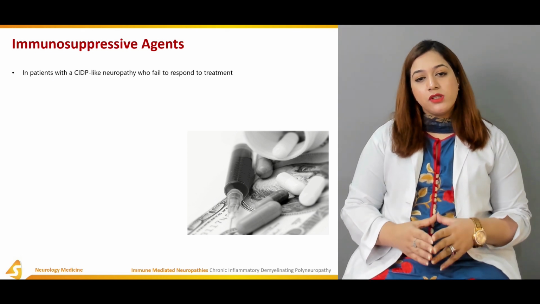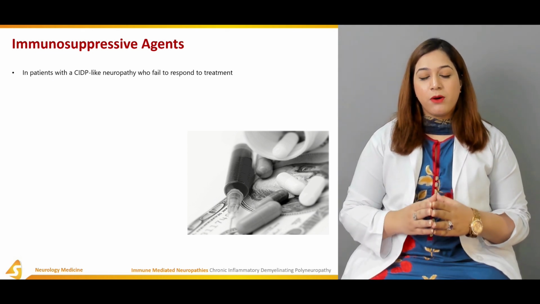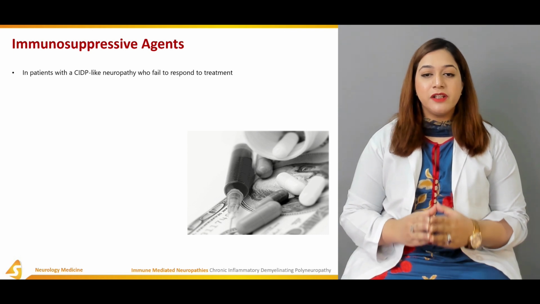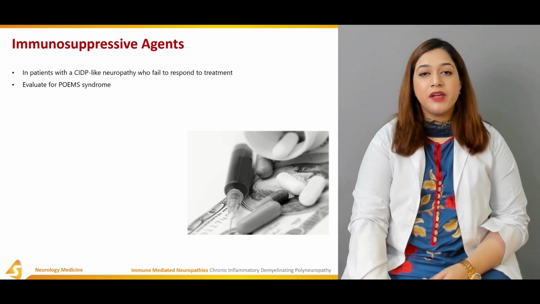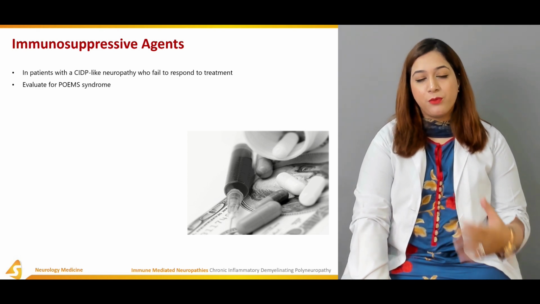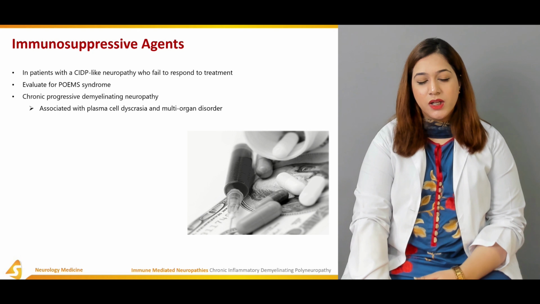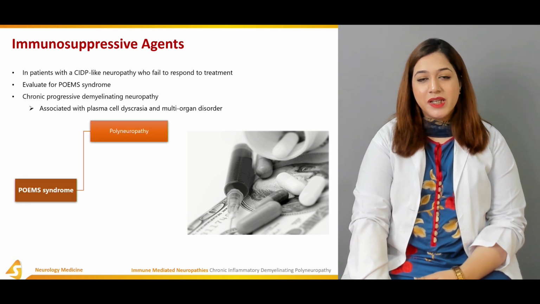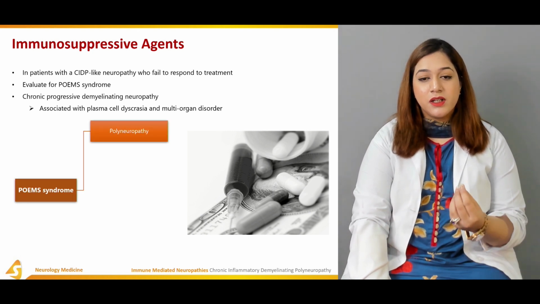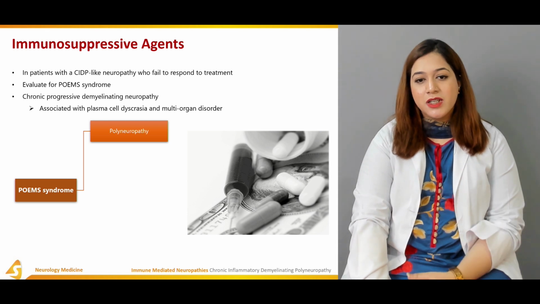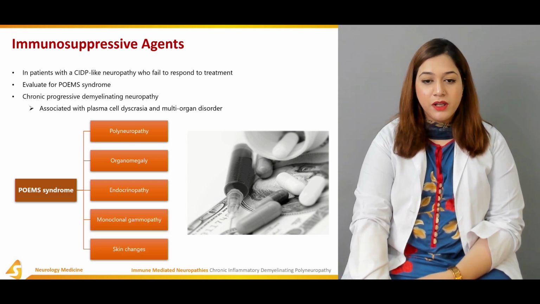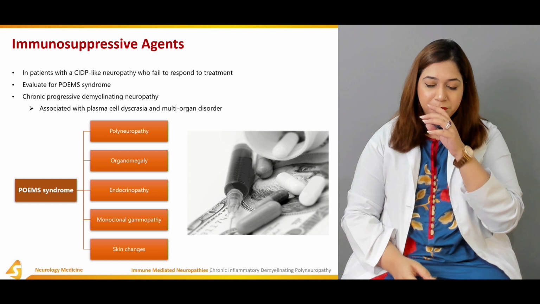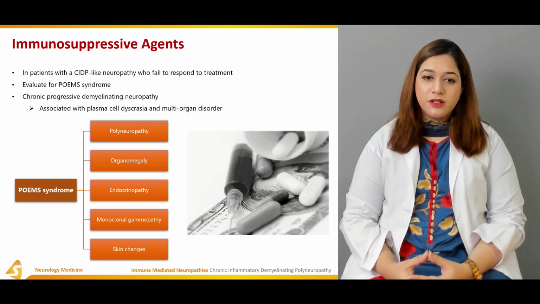Now, in patients with a CIDP-like neuropathy who completely fail to respond to treatment, it is very, very important to evaluate for POEMS syndrome. This syndrome is abbreviated as polyneuropathy, organomegaly, endocrinopathy, monoclonal gammopathy, and skin changes.